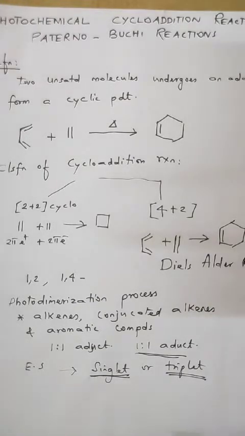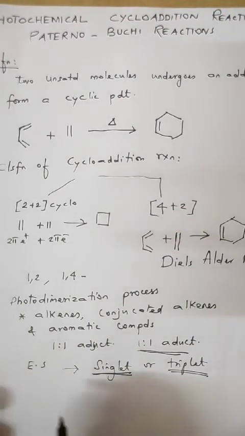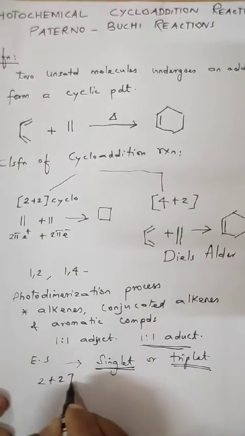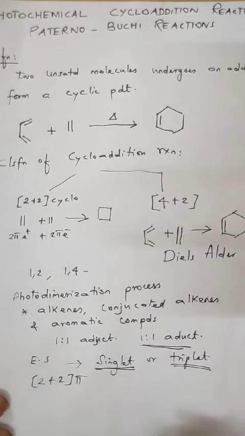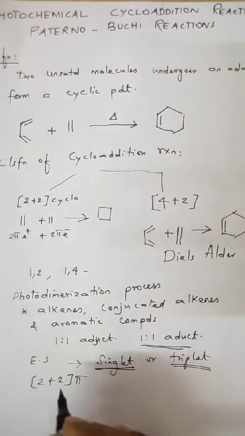For example, non-conjugated alkenes react through the excited singlet state, that is S1, and as far as addition is concerned, the photochemical 2+2 pi electron cycloaddition is symmetry allowed.